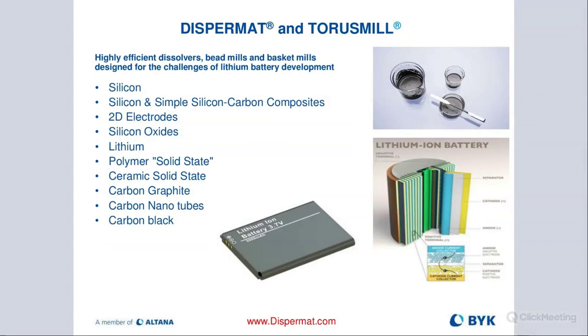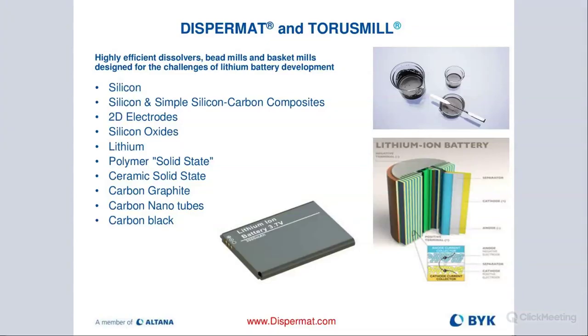Okay, so with that, when we talk about dispersing and milling, obviously there's a lot of different end-use markets, and one of the latest end-use markets where this type of equipment is being successfully used is actually in the battery development arena, as well as fuel cells. We have some customers that develop these fuel cells now with the iridium oxide, milling down these components, using Dispermats to do that.